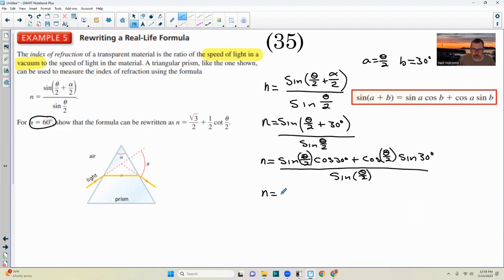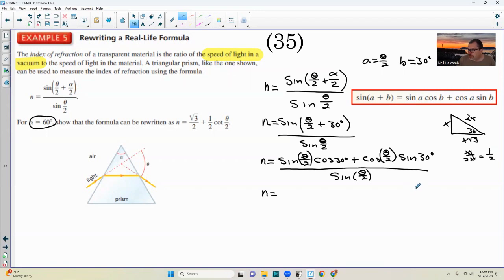So now n is going to equal, now we have to use our unit circle. What is the sine of 30 degrees? If I use a right triangle real quickly, here's 30 degrees. This is x, this is 2x, this is x square root 3. The sine is opposite over hypotenuse, which is x over 2x, which is 1/2.